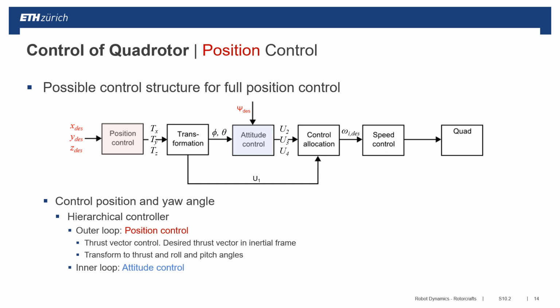So the inputs of the yaw, pitch and roll angles go to the attitude controller, and this then calculates the virtual control inputs U2, U3, and U4. Now, through the control allocation matrix, this is converted into the control commands for the 4 motors, which then generate the speed control in the motors and control the quad in position, but also in attitude, as requested by the user.